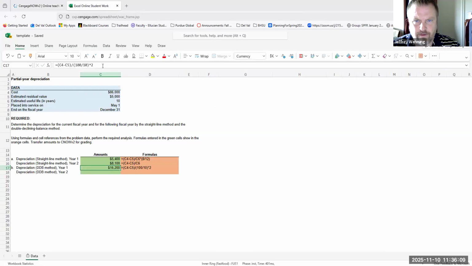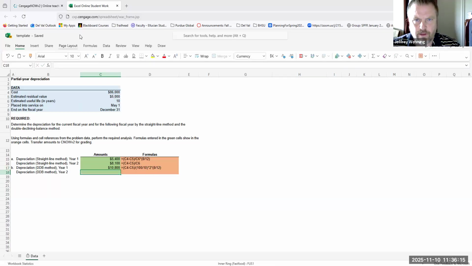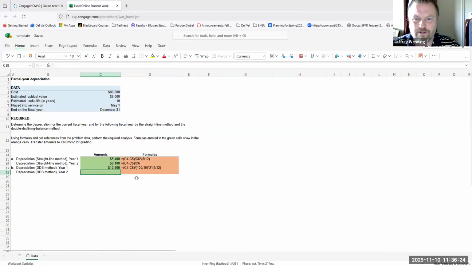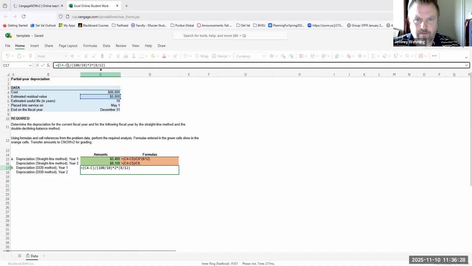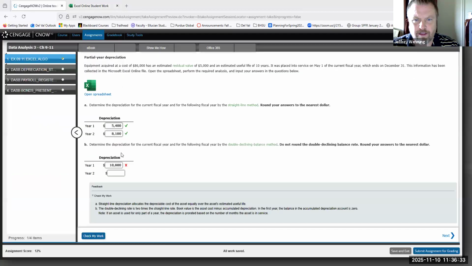And then we take this, multiply it by our 8/12. And 800, that's what I thought we had. Oh, you know what it is? With the double declining balance method, I'm pretty sure we're not actually taking off the residual, right? I think we might be just using the straight amount. 11,467.